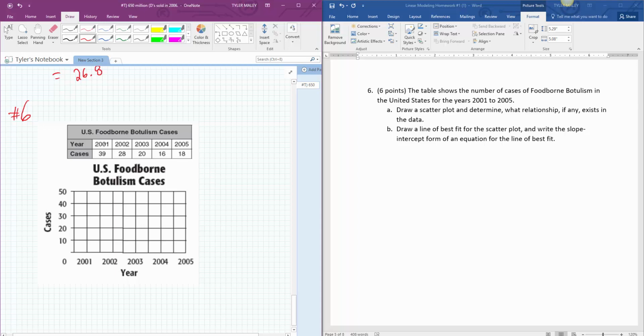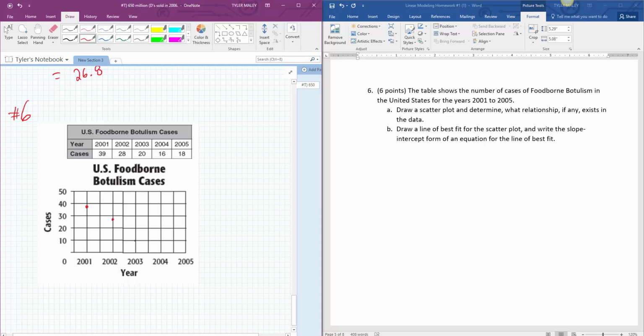All right, just real quick, we'll draw the scatter plot. In 2001, 39, so somewhere around here. Looks like we skip one, and so this would be 2002. So then we have 2002, 28, maybe around here.